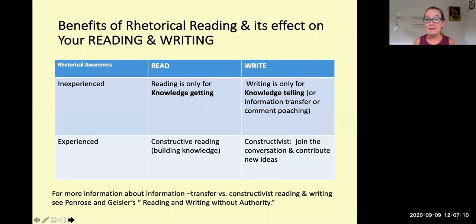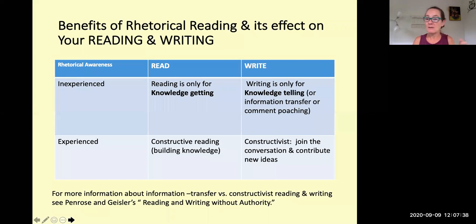An experienced person in terms of rhetorical analysis and awareness does constructive reading. So they're building knowledge. They're not considering what they're reading static. They're actually engaging with it, and possibly in their annotations, constructing new ideas and new knowledge in those margin notes, which then facilitates how they write, right? So if you're experienced in terms of the rhetorical situation, you're a constructivist.